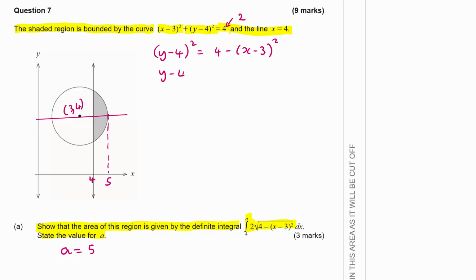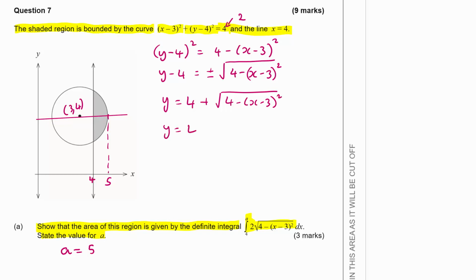So y − 4 is going to be plus or minus the square root of 4 − (x − 3)², and therefore y is equal to 4 + root (4 − (x − 3)²), or 4 − the square root of 4 − (x − 3)².